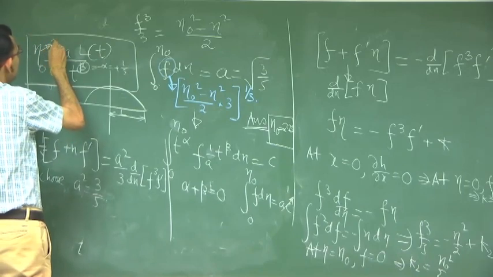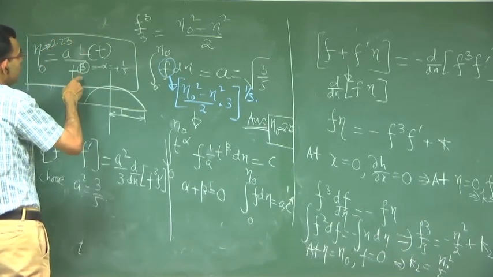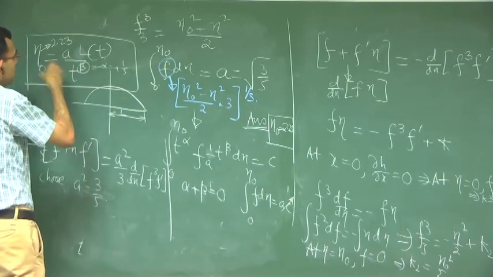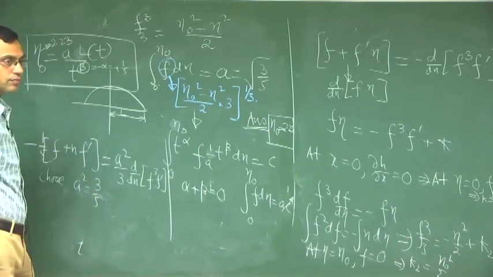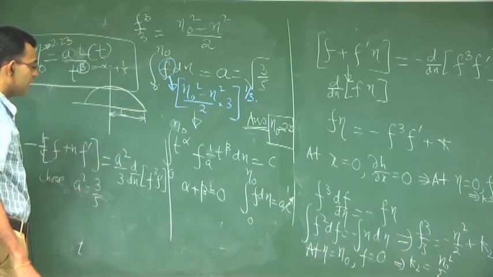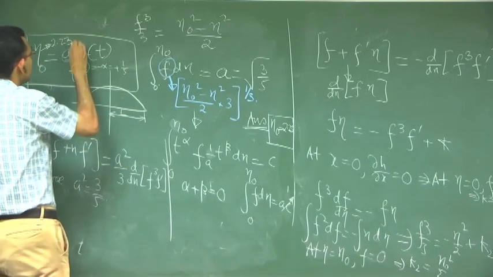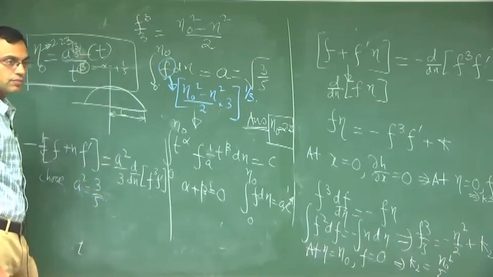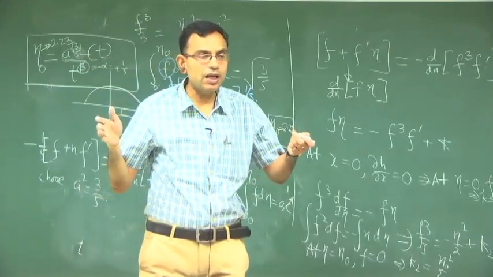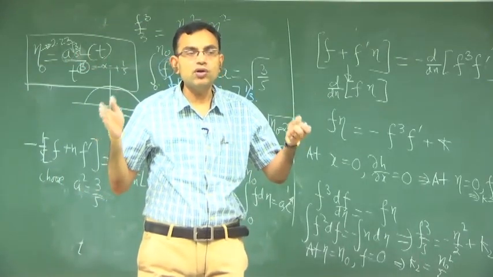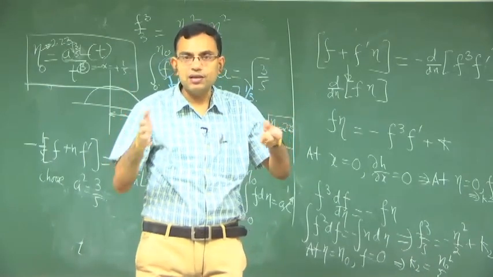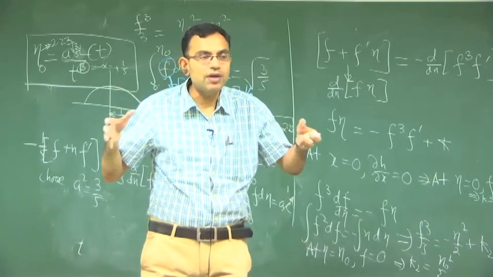So, this is 2.23 as a function of time and other parameters. Of course, we have already assigned a value of a, square root of 3 by 5. So, this gives the final solution that given a particular length of the droplet, eventually how that length of the droplet will evolve as a function of time.